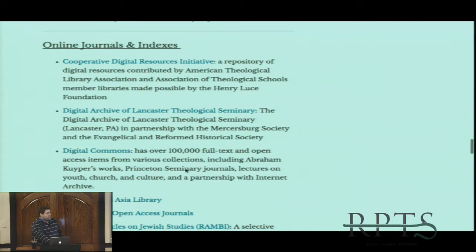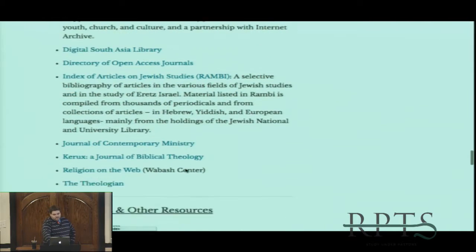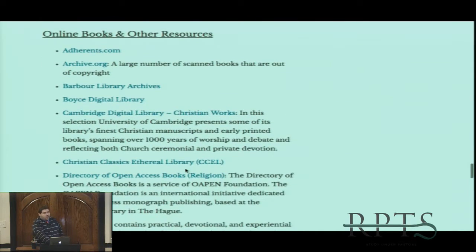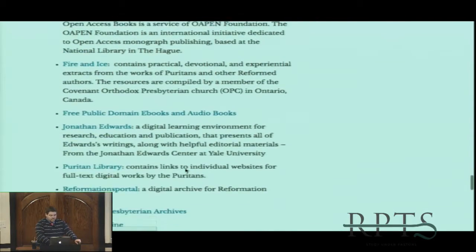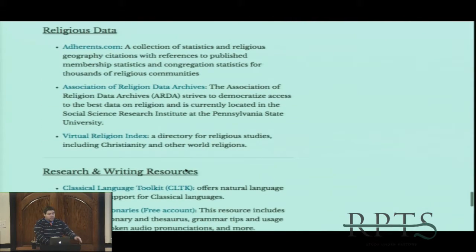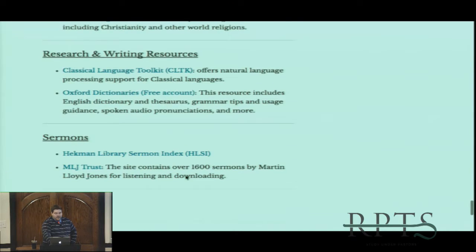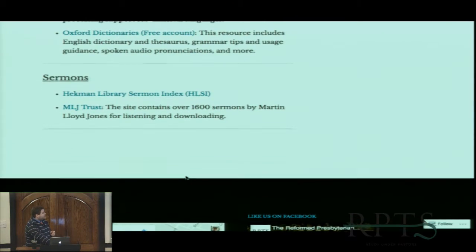There's online journals and indexes. These are all online, free online books that have been digitized or scanned into the computer so that you can access them for free. Religious data sites that deal with various statistics that you can access if you need statistics about different things. Research and writing resources, as well as sermons.